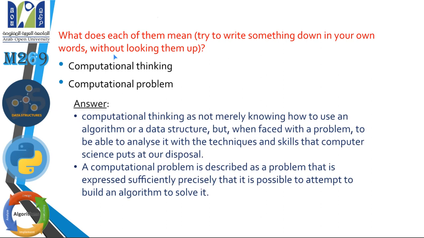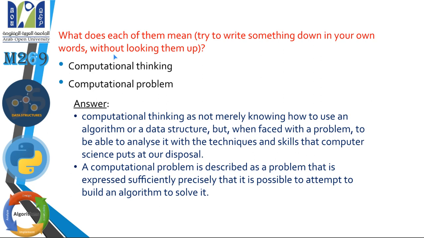So what do we mean by computational thinking and computational problem? Computational thinking is not merely knowing how to use an algorithm or data structure, but when faced with a problem, being able to analyze it with the techniques and skills that computer science puts at our disposal.